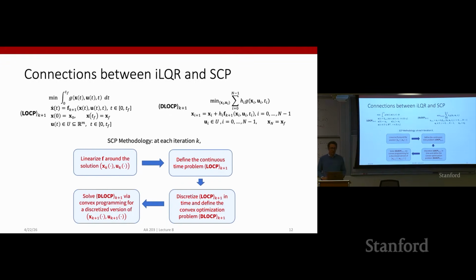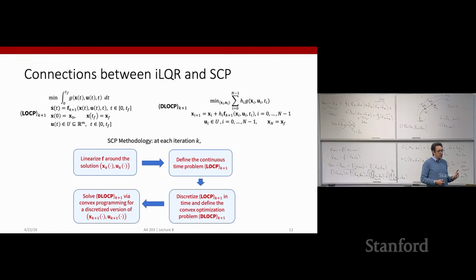So going back to what you know from last week, of course, there are a lot of commonalities with respect to SCP. It's very similar. So you linearize your dynamics, and you can convexify your cost, but with a few differences. So first of all, in SCP, you are using a convex solver to solve the problem.